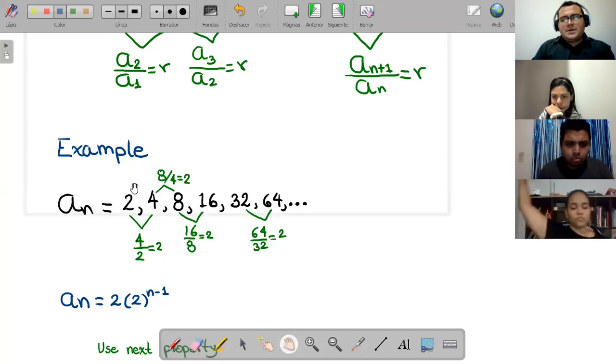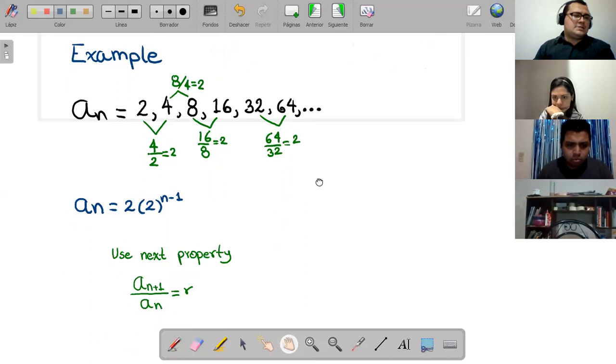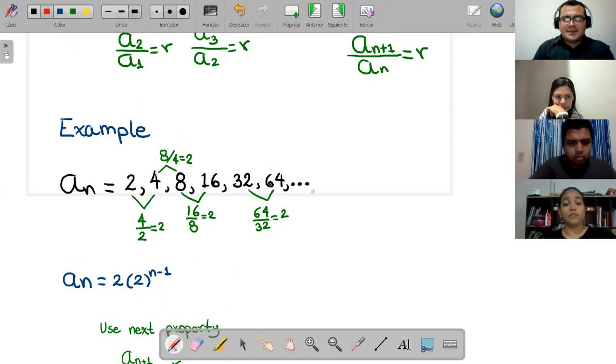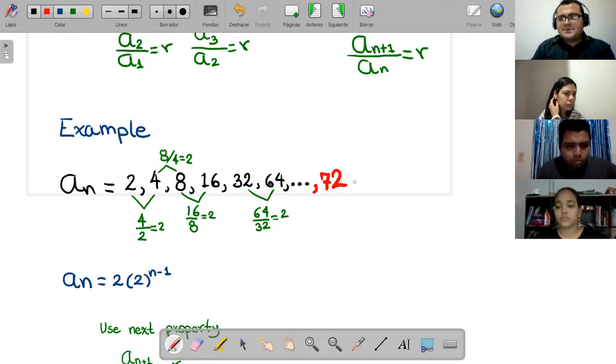Here's an example. Here you have this one that goes multiplying by 2. If you see, doubling the number, we have 2, 4, 8, 16, 32, 64. And I think you can tell me which is the next term. 72? Is it 72?